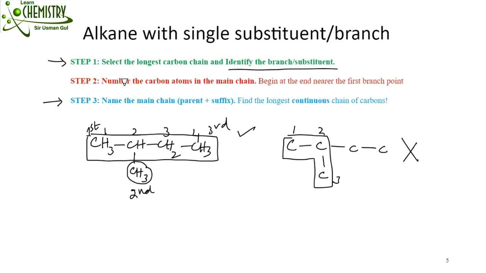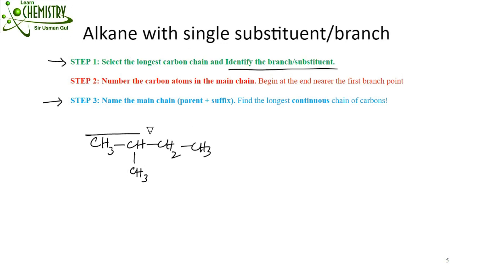Now you can understand if you just read it: select the longest carbon chain and identify the branch or the substituent. Okay, now the second step, number the carbon atom in a main chain, begin at the end nearer the first branch point. Okay, now let me show you something here.